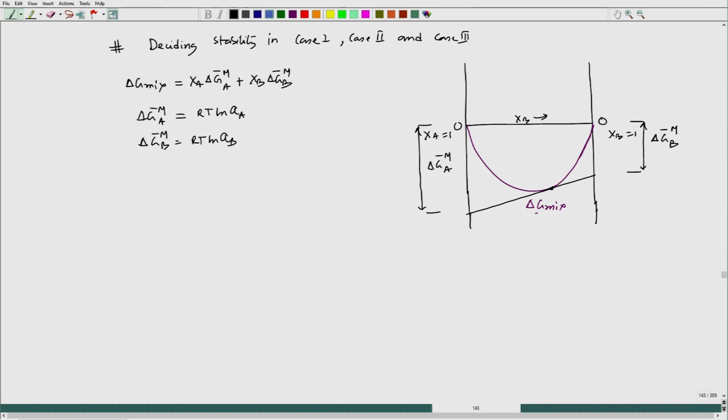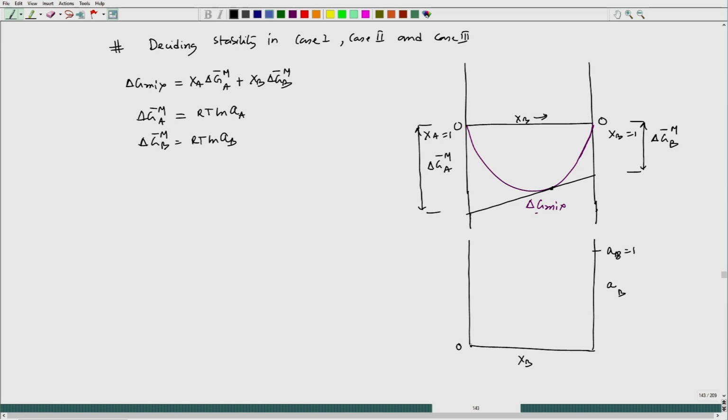Now, looking at these two expressions, if we look at the plot of activity with composition, which is the mole fraction, that plot also looks like this. This is x B. Let us say we are trying to plot the activity of B. Here activity of B equal to 1 when it is pure metal B, and this is 0.